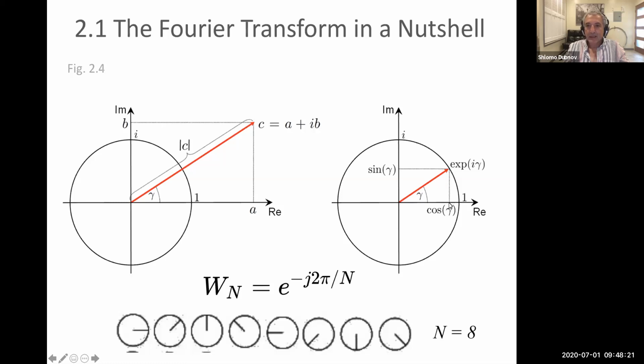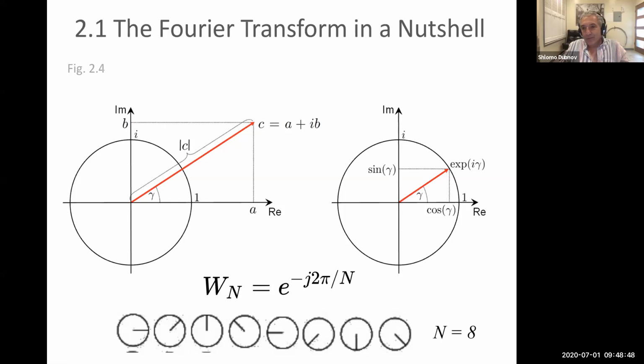So this is the sine, this is the cosine, and this point is the exponent. So the complex exponent is actually translated into cosine, whatever the angle. Exponent of i, where i is the square root of -1, gamma is the angle, equals exactly the cosine gamma plus i sine gamma.